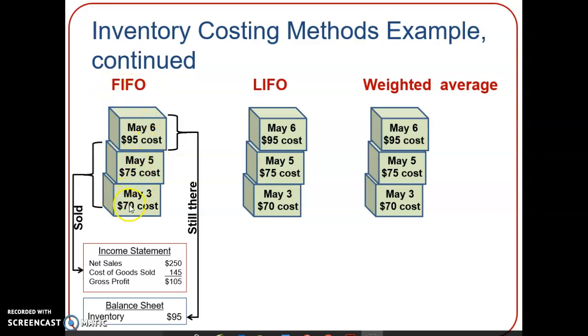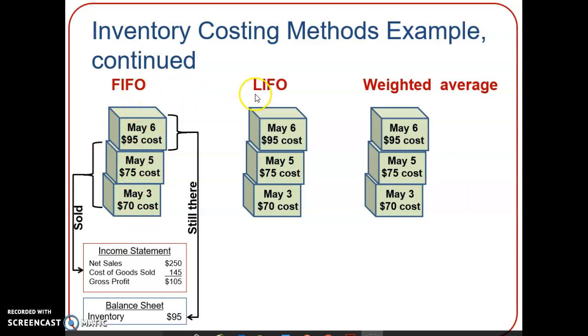So which 2 are the first ins? The one on May the 3rd is the first one. The one on May the 5th is the second one. And then the one on May the 6th is the third, or actually the last to come into the inventory.